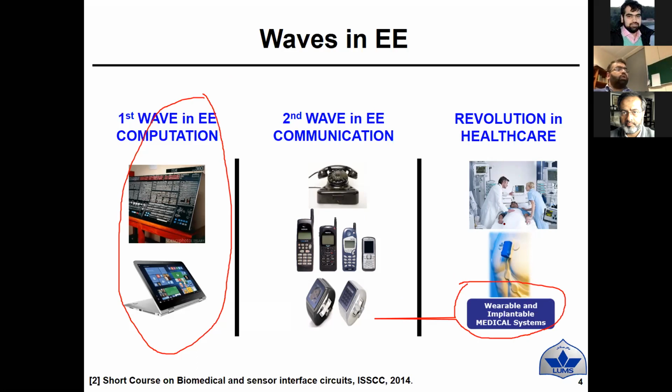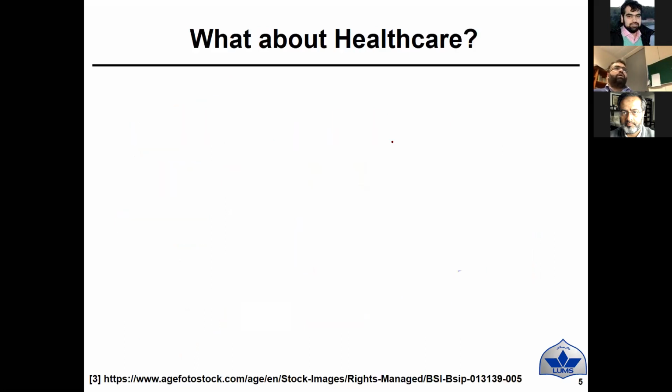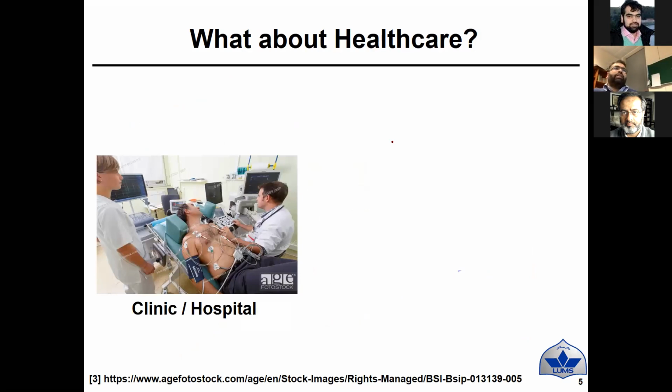You can call it a revolution, you can call it next generation, you can call it something futuristic, but somehow we need to look into it. And that comes out of healthcare. If you go to a clinic or hospital with chest pain, they put a lot of ECG electrodes around your chest, a 12-lead ECG, and they measure your vitals.